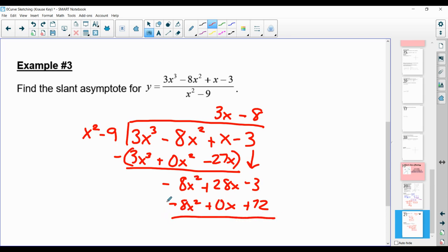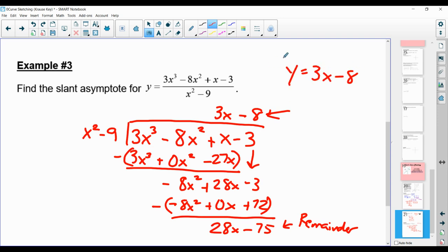So negative 8 and negative 8 cancels out. 28 minus 0 is just 28x. And negative 3 minus 72 is negative 75. So this is our remainder. But again, the remainder isn't what we're worried about. We're looking for our equation up here. So there will be a slant asymptote at y equals 3x minus 8.